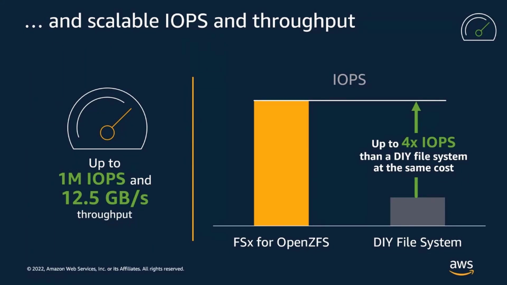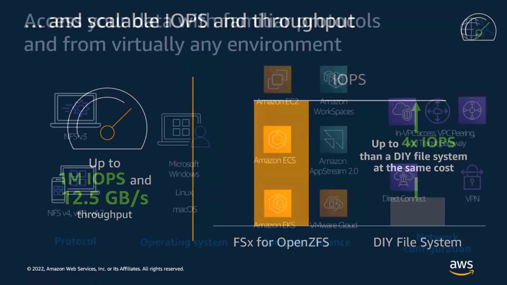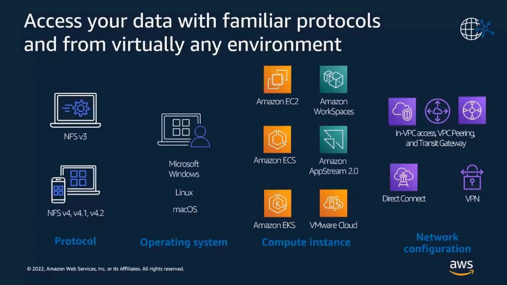And the second area that I mentioned was around being a drop-in replacement for NFS file storage. And what does that mean? That means that we offer the ability to access your data using the same NFS protocol that you're used to today, and from virtually any environment.